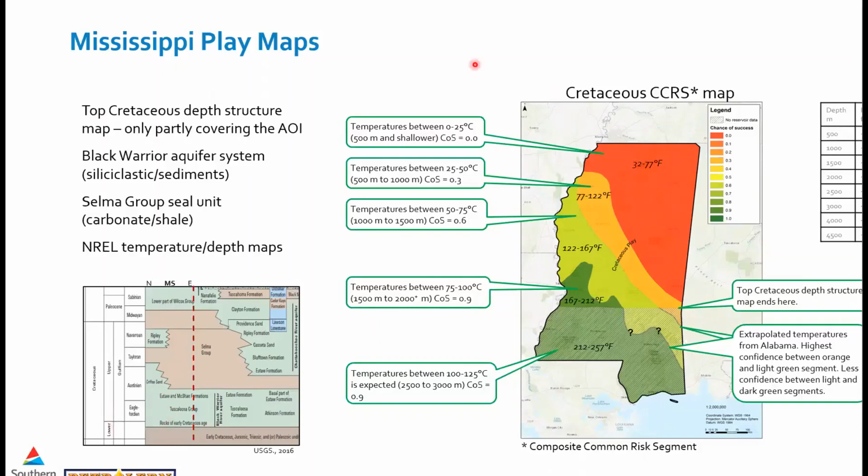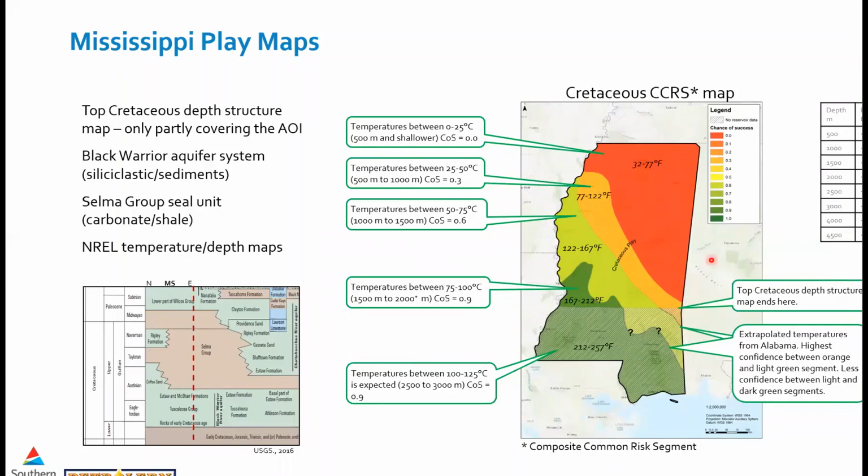We were able to find a depth structure map, but only covering the northern part of Mississippi. So the line hatched down here, we didn't have any depth structure map. So being a geologist, you have to be a bit creative.